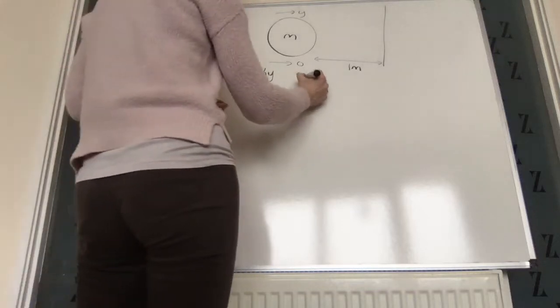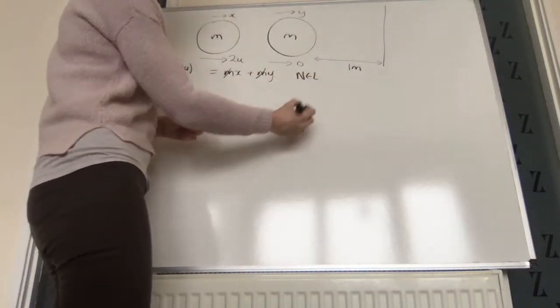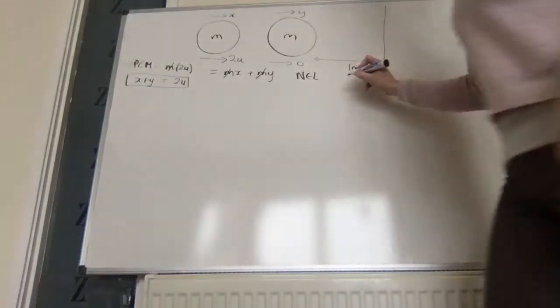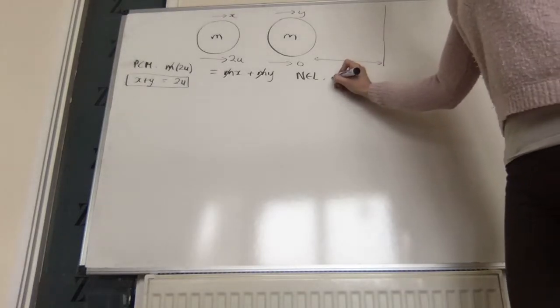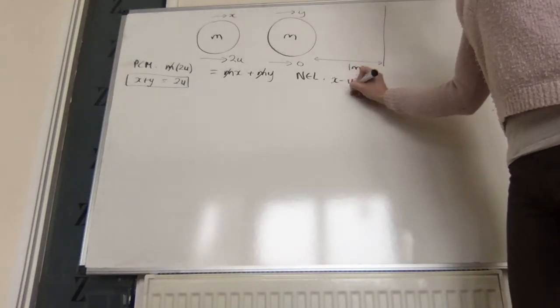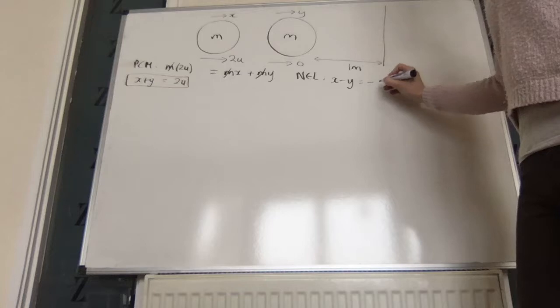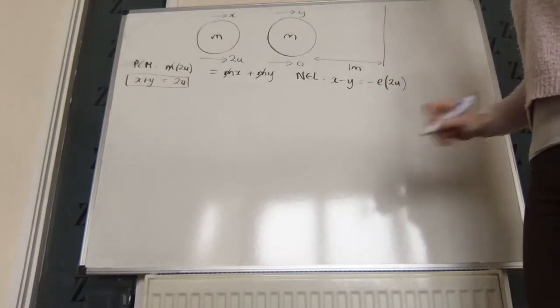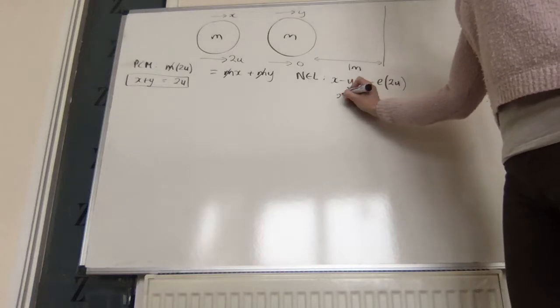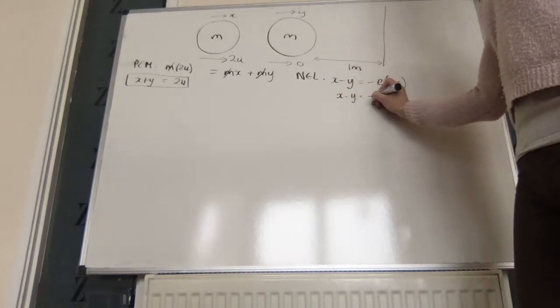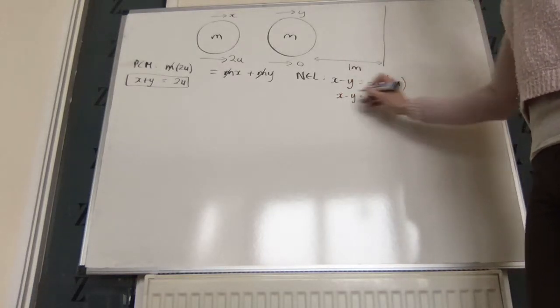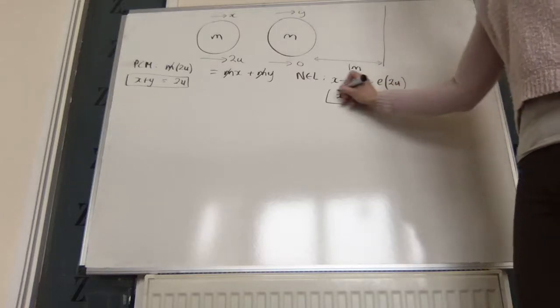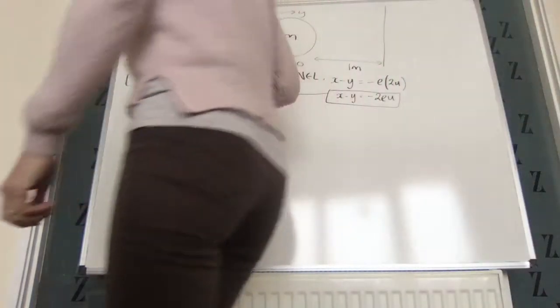Newton's experimental law: x minus y is equal to minus e times 2u minus 0. So x minus y is equal to minus 2eu. There's your two equations. So now we just solve them.